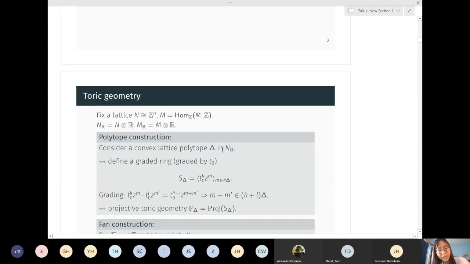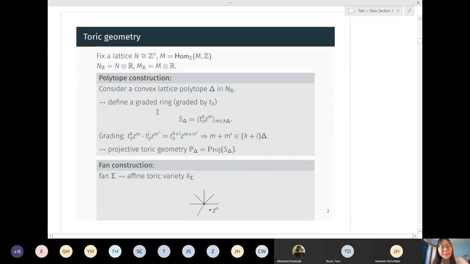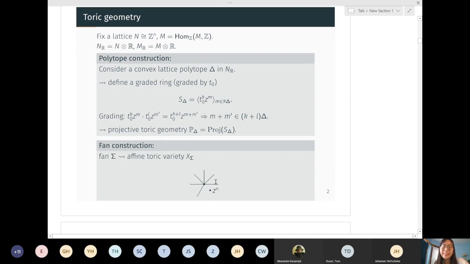And if you are a Cox-Little-Schenck person, this is chapter 2. Chapter 3 goes to affine toric varieties, where we have a fan, and each maximal cone gives us an affine toric variety, and we glue along the intersections. Then, putting a polytope on the fan, we can associate a toric monomial which describes the range of this affine variety.